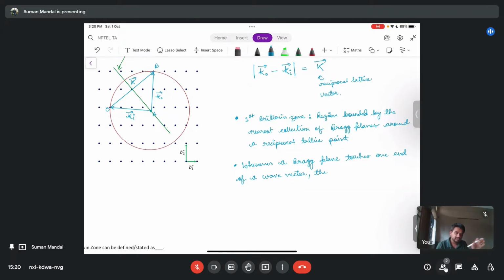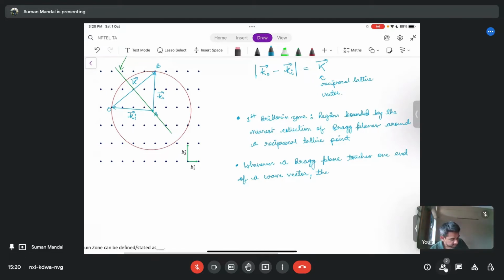So corresponding to the Ewald sphere with respect to that wave vector, the condition for diffraction is satisfied, but only for that wave vector.